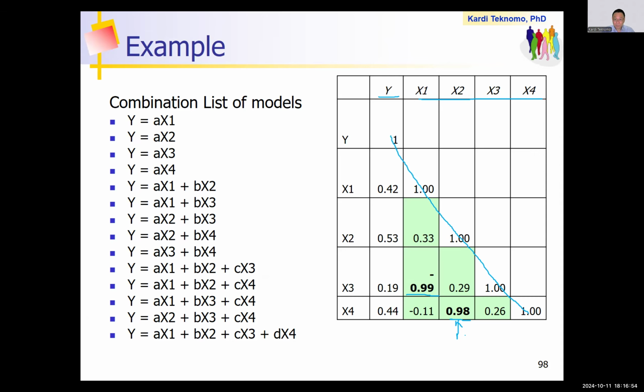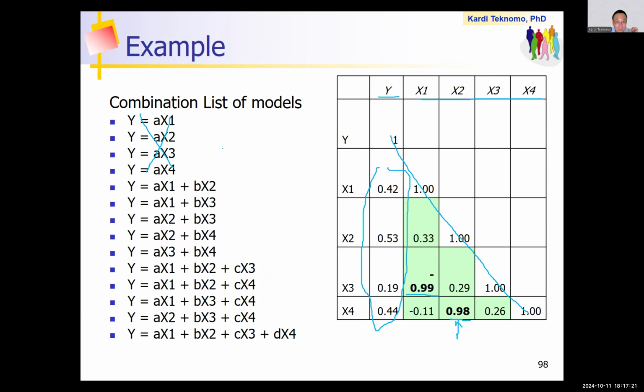Between x and y must be high. But they are all small, right? So that means this first one, no more, because they are all small. Between x and y must be high.